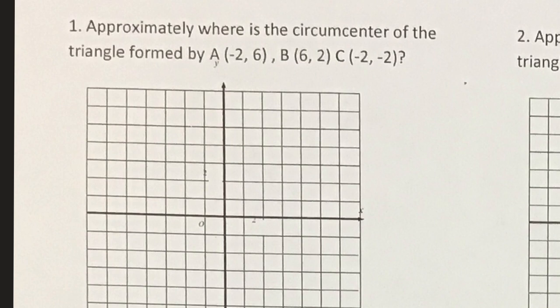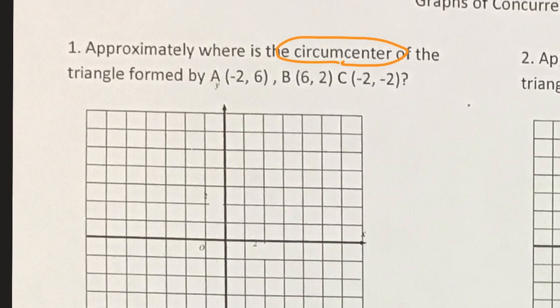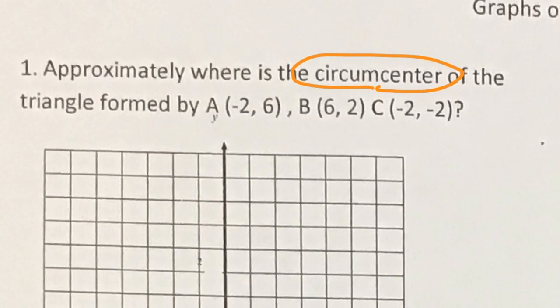All right, number 1 says, approximately where is the circumcenter of the triangle formed by these 3 points? Okay, so the circumcenter. If I want to find the circumcenter, what segments do I need to draw? Good, I'm glad that you're all awake.